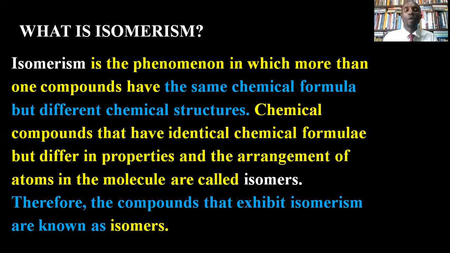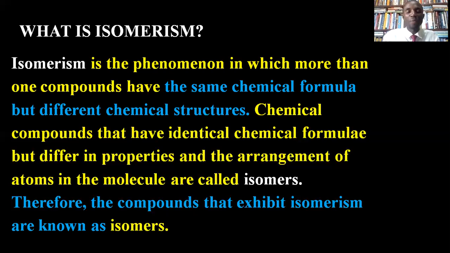Therefore, compounds that exhibit isomerism are known as isomers. Do you get what I said? The phenomenon in which more than one compound has the same chemical formula, but different chemical structures is what we call isomerism.